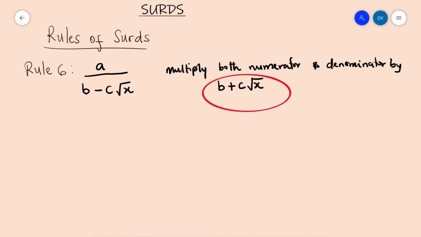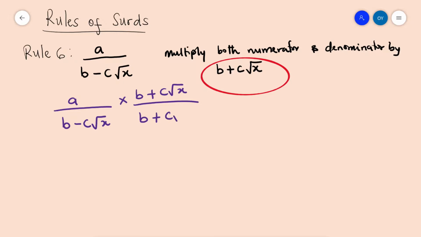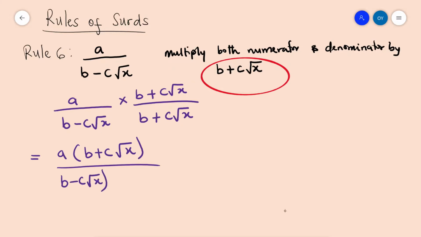So we have a over b minus c root x multiplied by b plus c root x divided by b plus c root x. So this becomes a bracket b plus c root x divided by b minus c root x times b plus c root x.